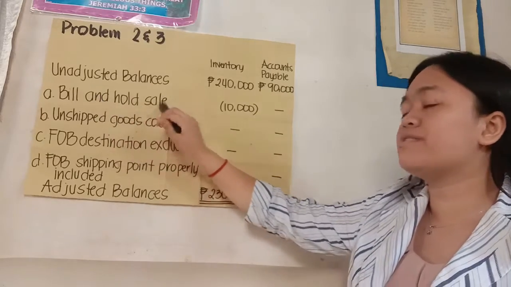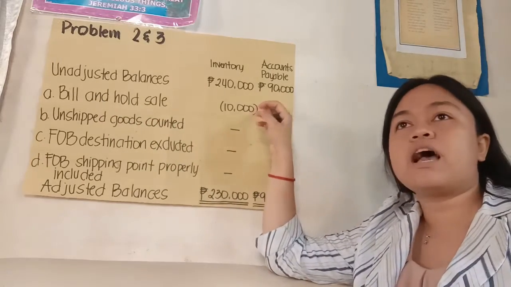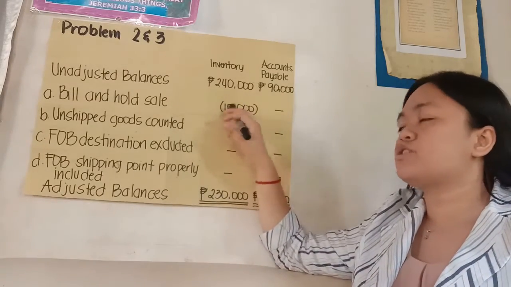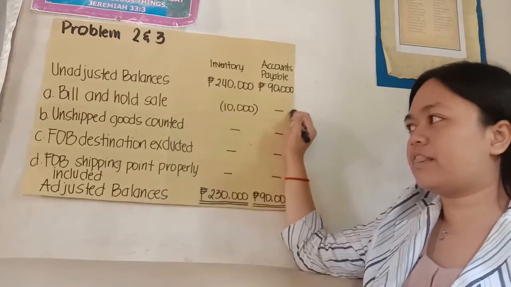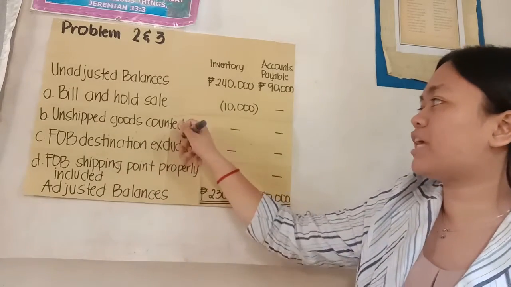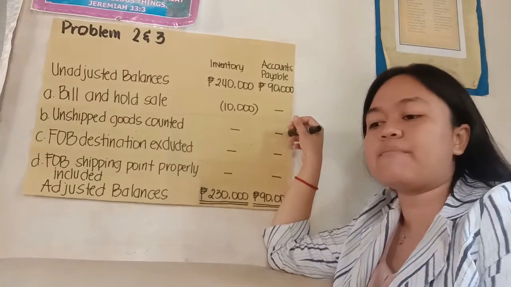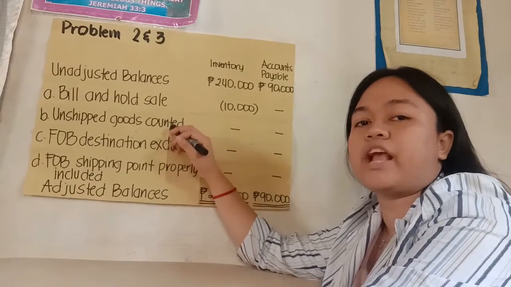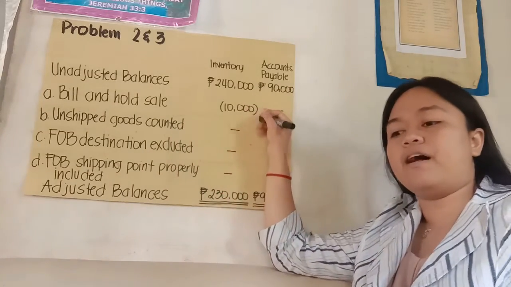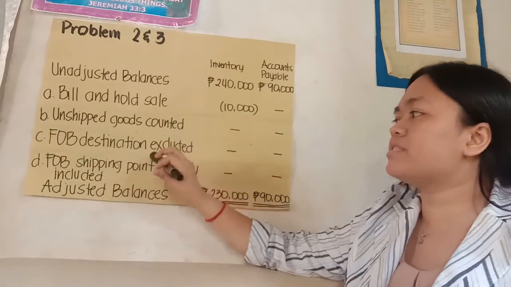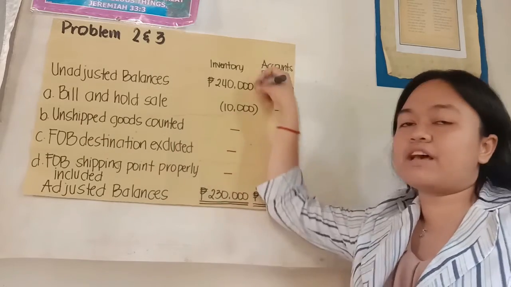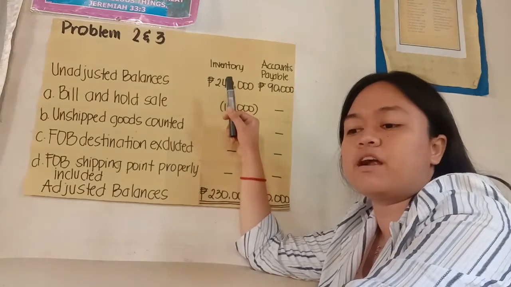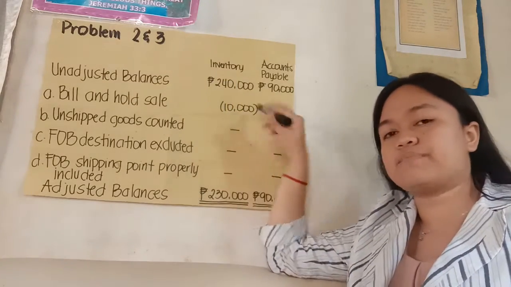For A, the bill and hold sale, we don't have any entry with that because the entry would only involve inventory. For B, the unshipped goods counted, we don't have any entry because the situation doesn't involve accounts payable. For C, FOB destination excluded, we don't have any entry either because the situation does not involve accounts payable.